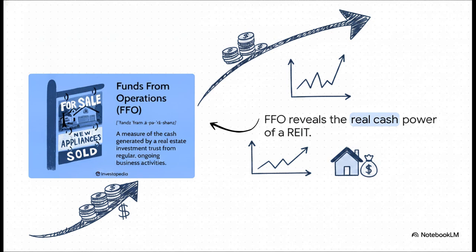It takes that non-cash depreciation and adds it right back into net income. Why? To reveal the actual, undeniable cash-generating power of the trust. It also strips out one-time cash inflows, like, say, money earned from selling an asset, giving you a crystal-clear look at the cash flowing in from just regular, everyday business activities. Basically, FFO is your baseline for truth.